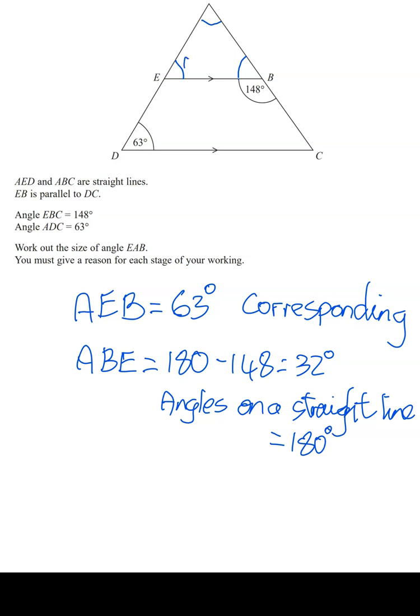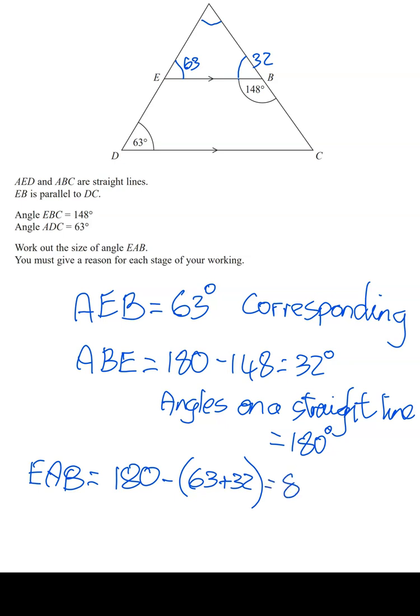So I've got a 63 there. I've got a 32 there. So actual angle EAB is equal to 180, take away 63 plus 32, which is 95, which means our angle is actually 85 degrees.